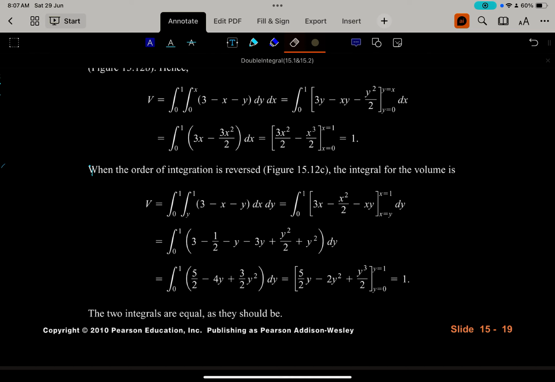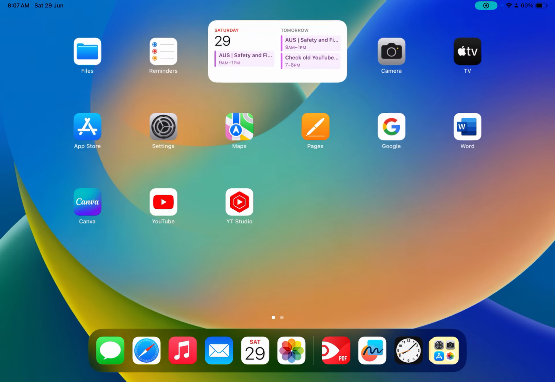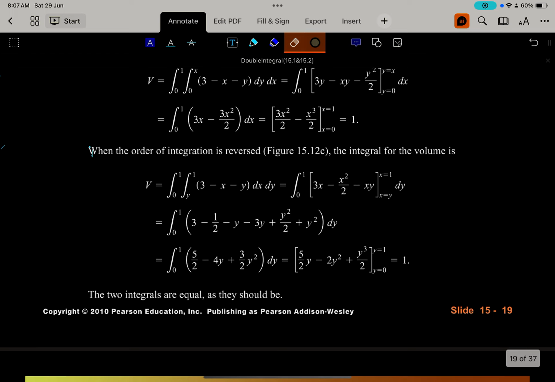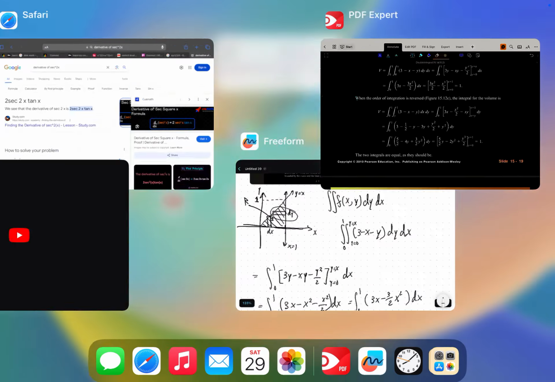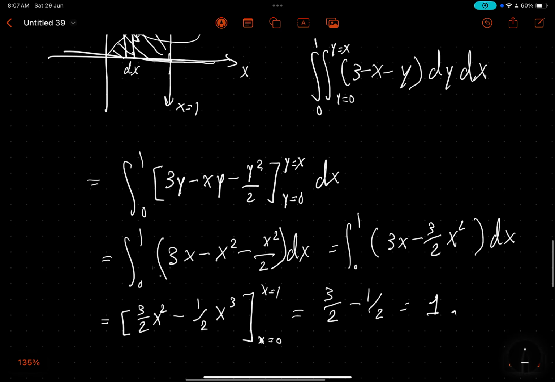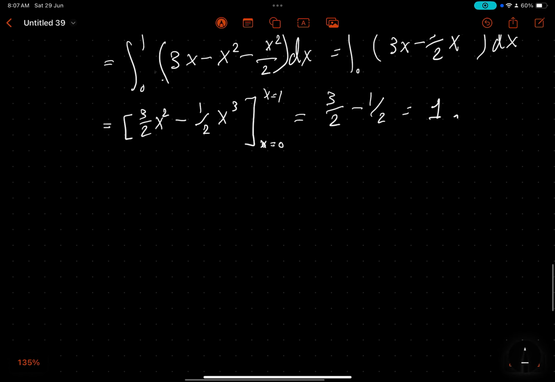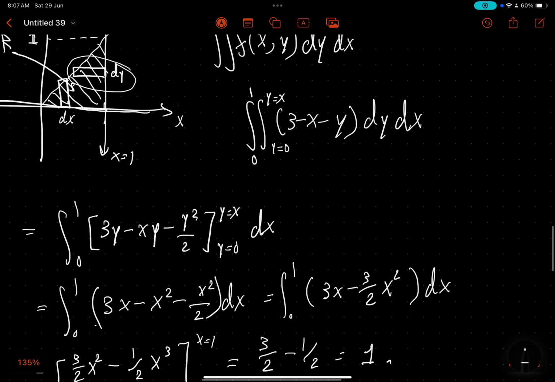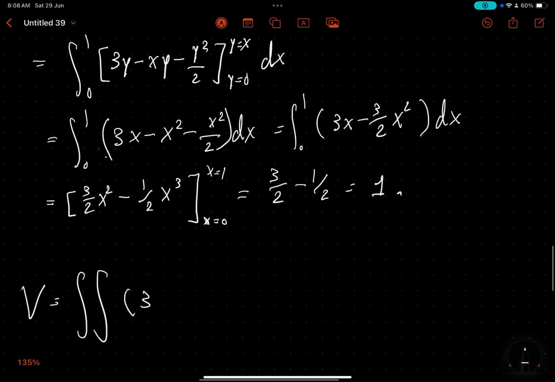And for the limits of integration, let's just set up the integral for vertical rectangles and not evaluate it. 3 minus x minus y, dx dy.